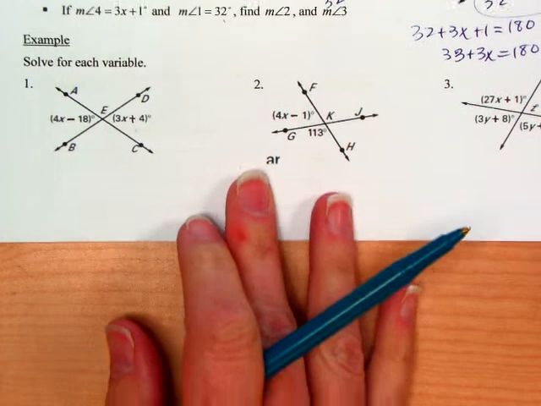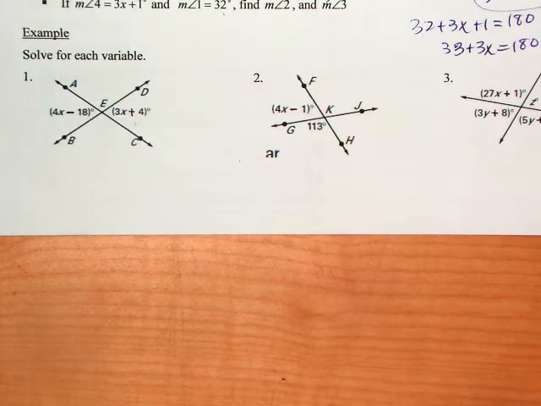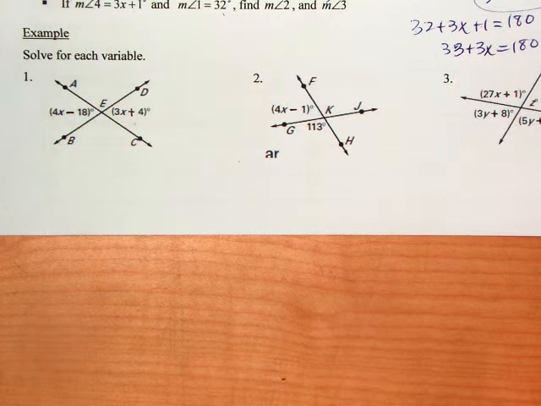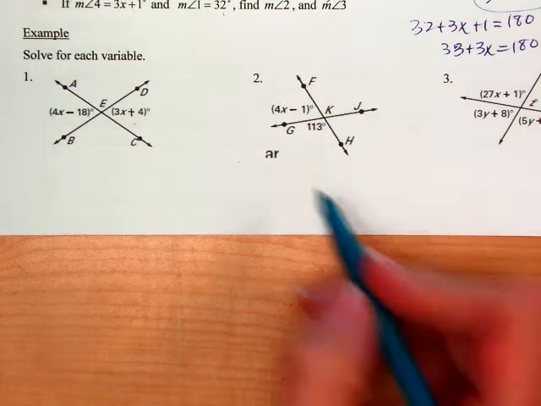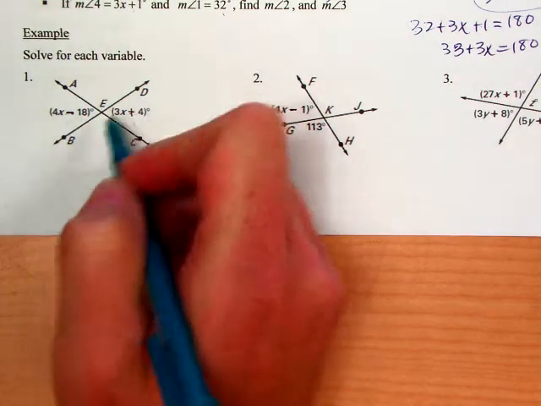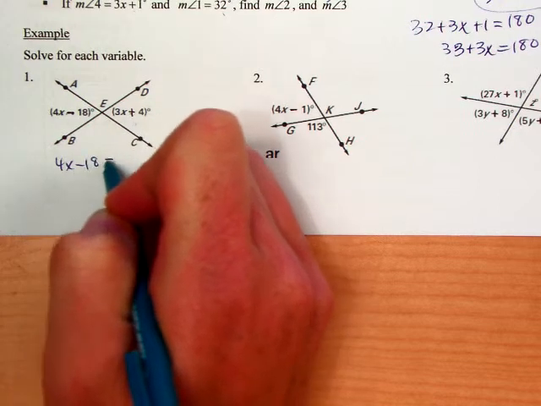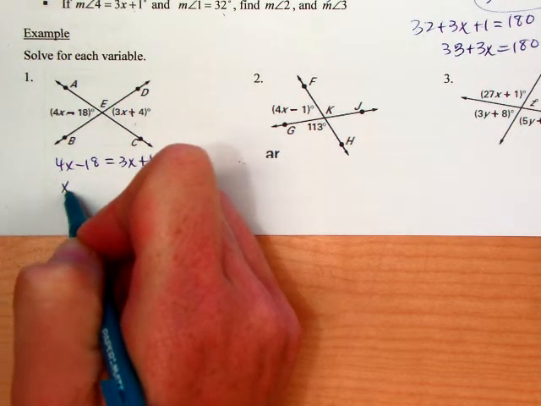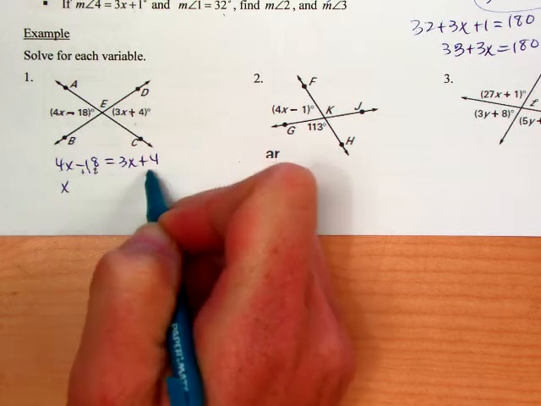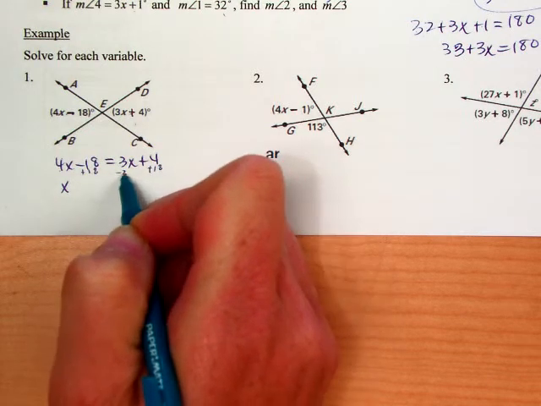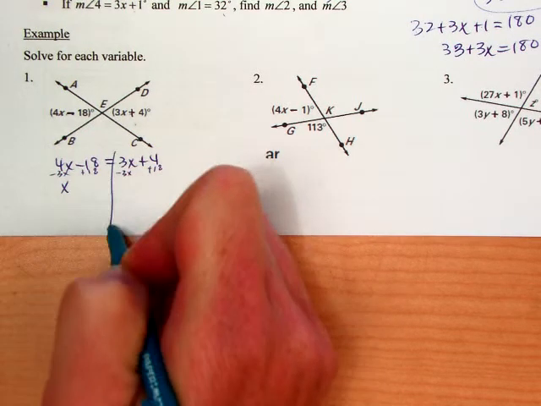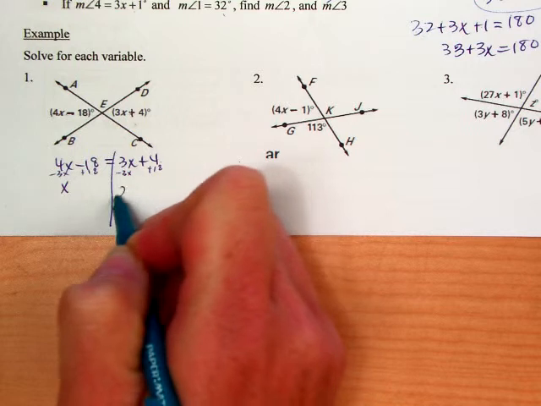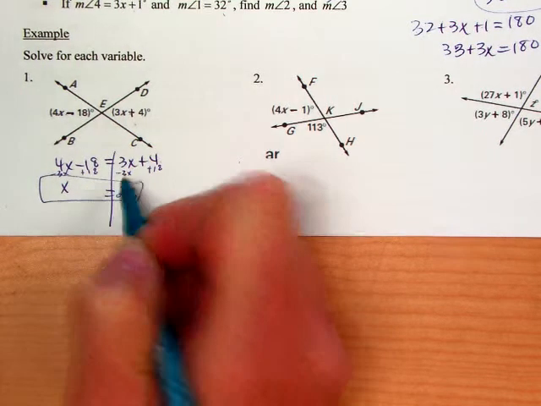A couple more examples, doing lots of vertical and linear pair, getting you used to those two different vocabs and then how to solve them. So these guys are vertical, so that means they have to be equal to each other. So I'm going to subtract the 3x over and add 18 all at once. If I add 18, I'll end up with 22, so x is 22.